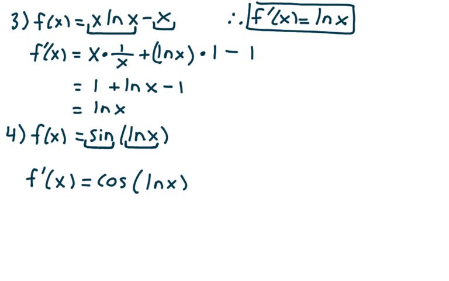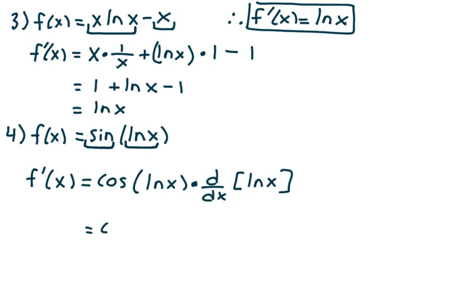And then think about peeling an onion. So I have to take that quantity and multiply by the derivative of the inside function with respect to x. In other words, I'm going to multiply by the derivative of natural log of x with respect to x.